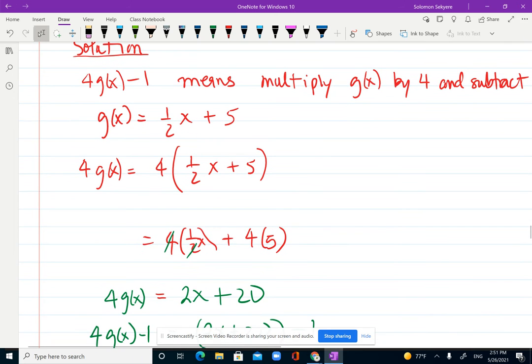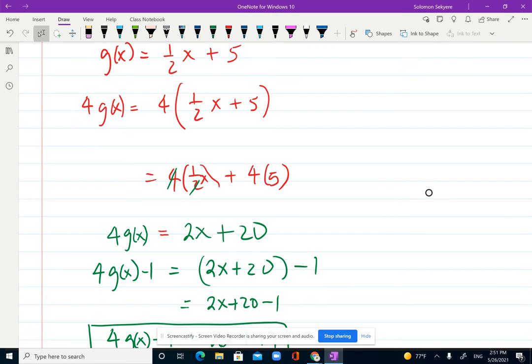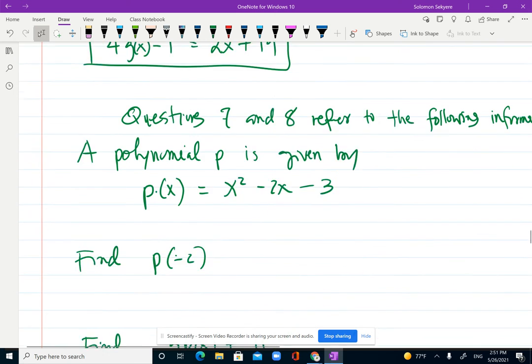Okay, and this is exactly what I've done here on the board. Just follow the examples. Make sure you're using parentheses. 4, parentheses, g of x, close it, minus 1. So after you do that, you come and subtract your 1.